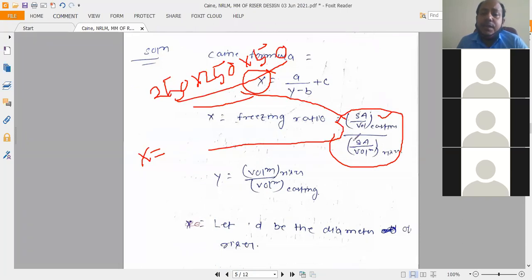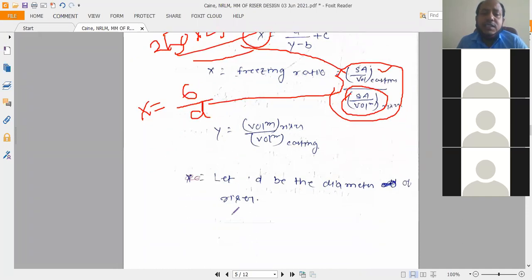But we also have to determine the surface area by volume, meaning the cooling characteristics of the riser. It is a side riser, and if it is cylindrical, the cooling characteristic of the riser is always 6 upon d, as we have seen in the above equation.